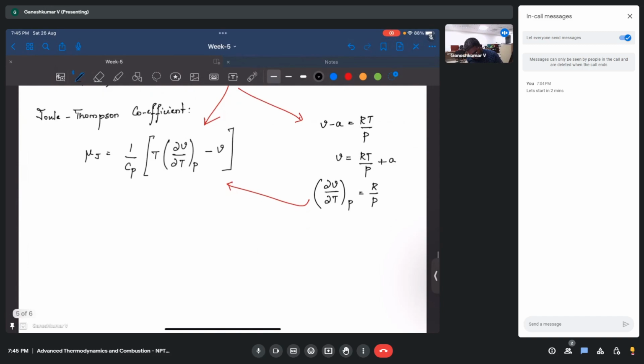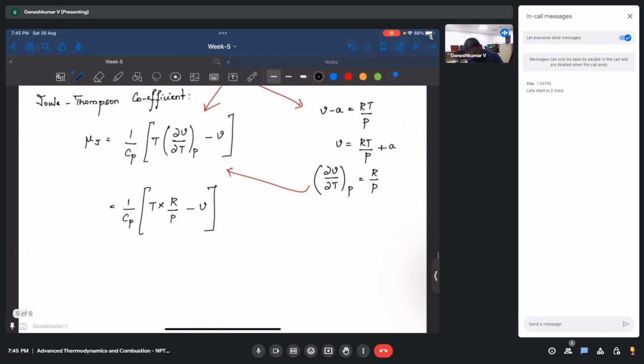Once you substitute it back, what happens? 1 divided by Cp times T into R by P, R by P minus V. Substitute V also over here. 1 divided by Cp into RT by P minus V, which is RT by P. Yes, so let's write it in common. A.